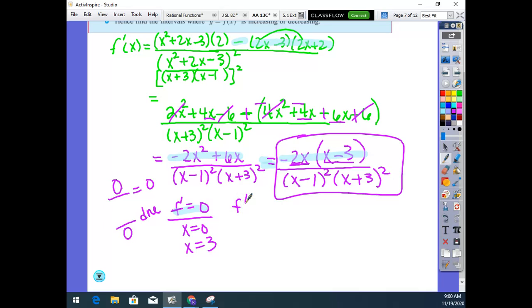Then we need to find out what makes the derivative not exist. That's what makes the denominator 0, when x equals 1, x equals negative 3. We're almost there.